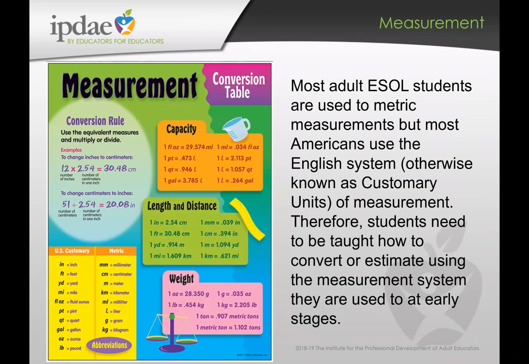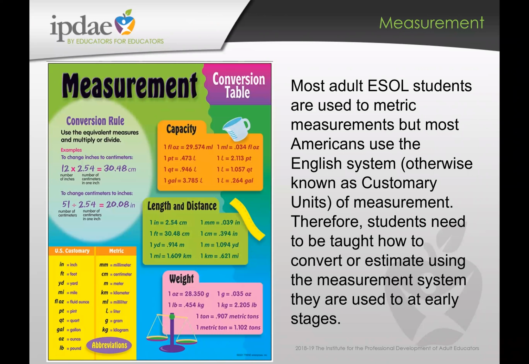What other countries have found is that these are easily memorized. They're good because they're always multiples of 10, so converting from one unit to another is very quick and straightforward.